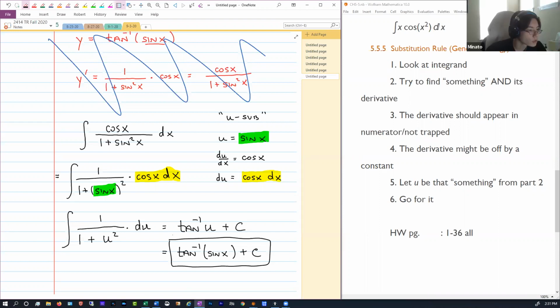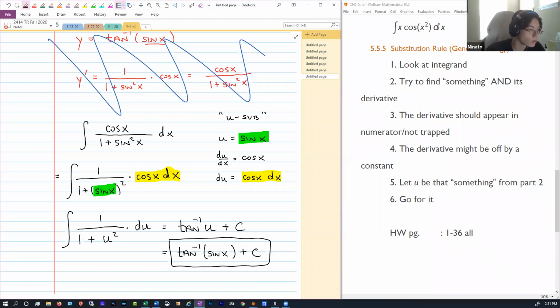I always had this question about u substitution, but why isn't the du affected by the algebraic rule of not being able to separate, for example, when we separated the integral of cosine x over 1 plus sine squared x into 1 over 1 plus sine squared x and cosine x?